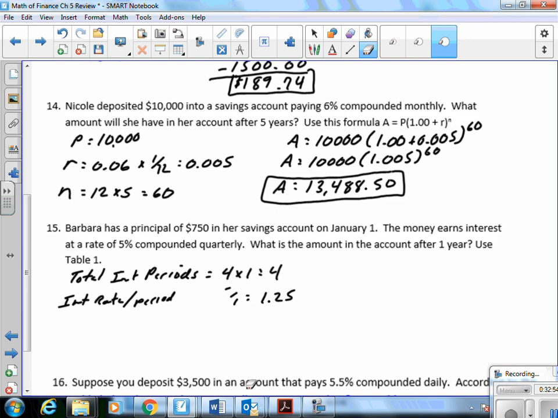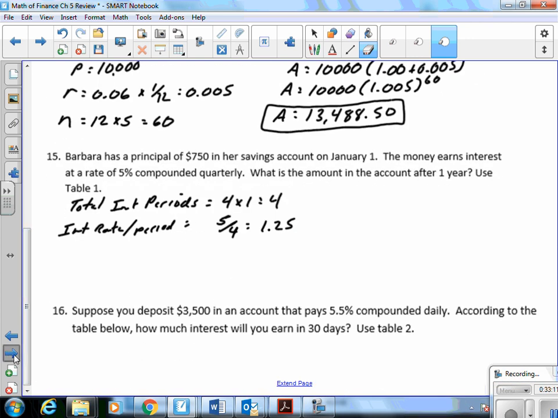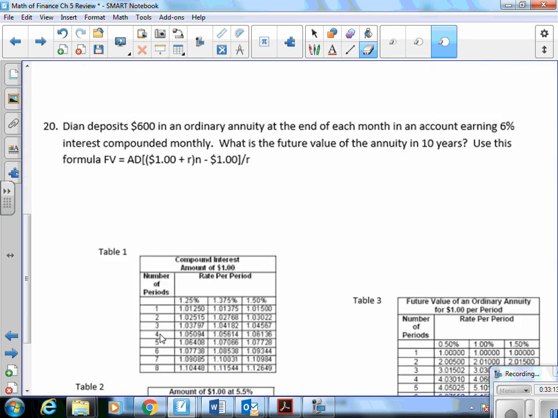Because once again, I changed that to a decimal, and I don't need to do it here where I'm figuring out what I need to use on that table. So 1.25 for 4 periods. And so then go to table 1. So 1.25 at 4 periods is 1.05094.